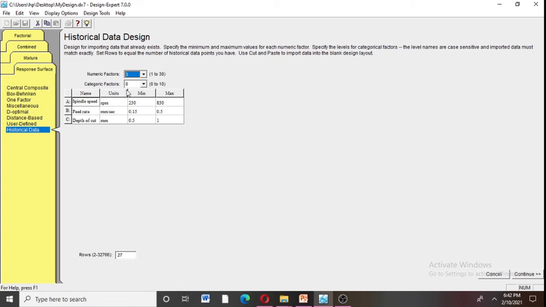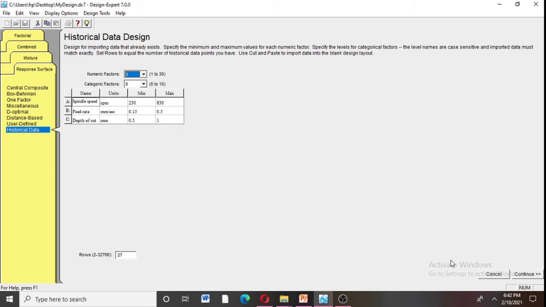I select different levels for the spindle speed, which are 230, 540, and 830, so the minimum is 230 and the maximum is 830. Similarly for feed rate and depth of cut, I give the minimum and maximum levels as input to the software.